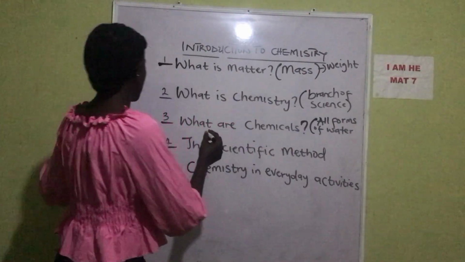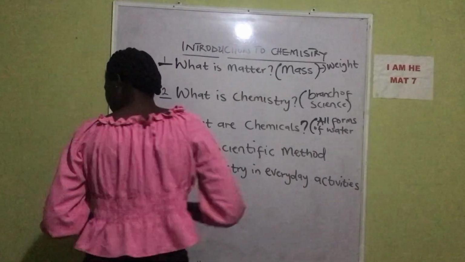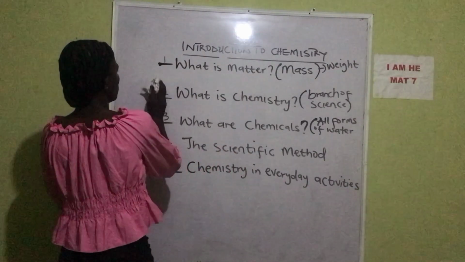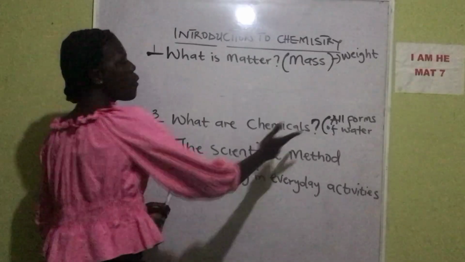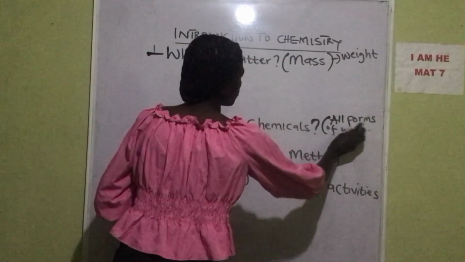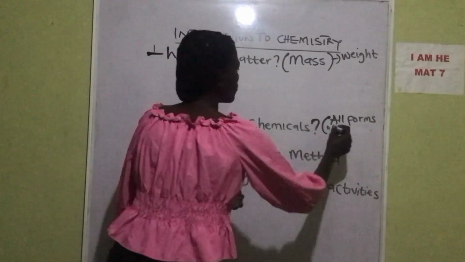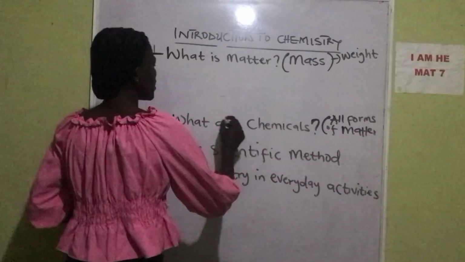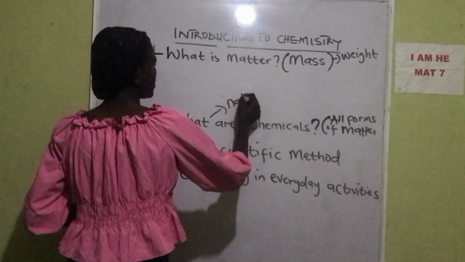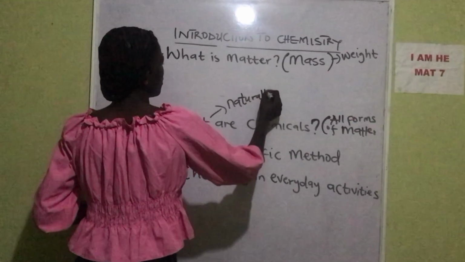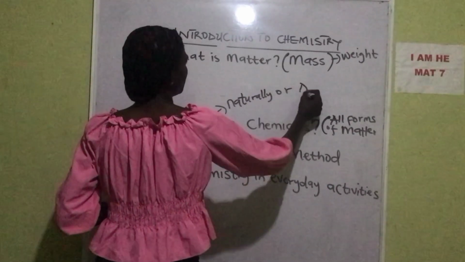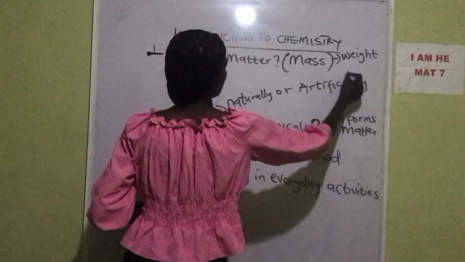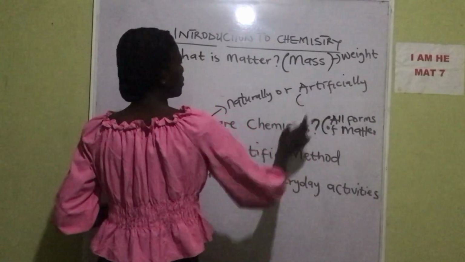All forms of matter are referred to as chemicals, whether naturally existing matter or artificially existing matter. Artificially, you can also put in brackets, man-made.